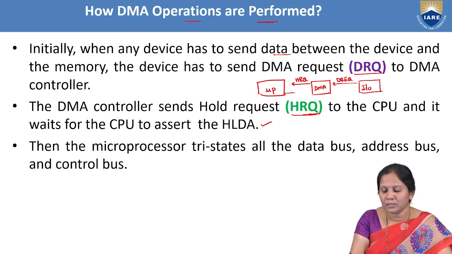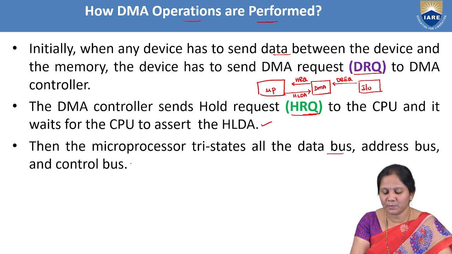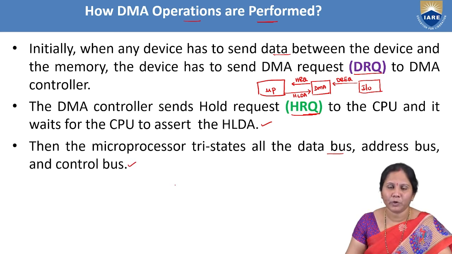Then after some time the CPU sends the hold acknowledgement signal. If it sends the hold acknowledgement signal, it represents that the system bus access has been given to the DMA controller. So it represents that the data bus, address bus and control bus are now with the DMA controller, not with the microprocessor.